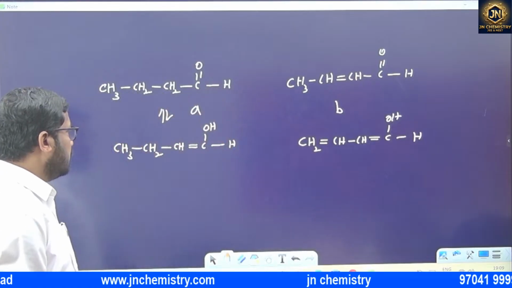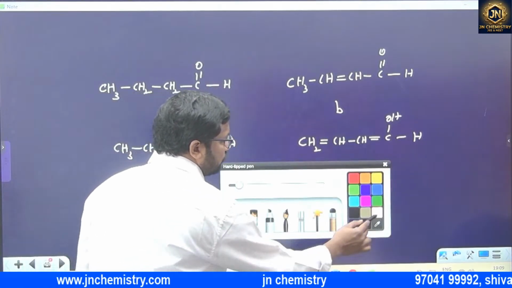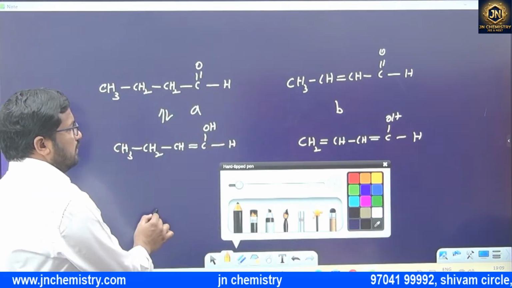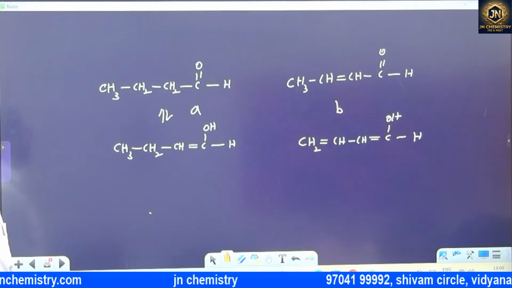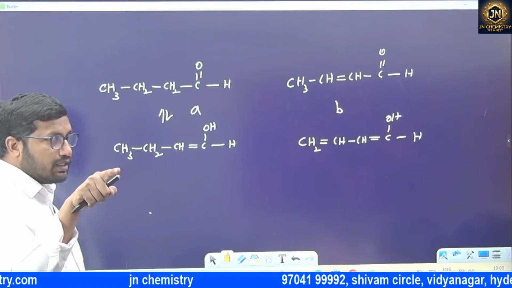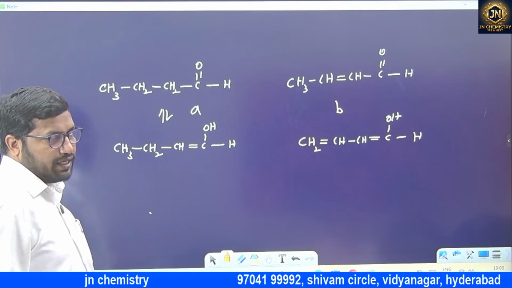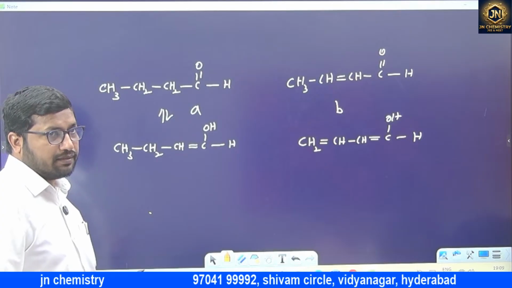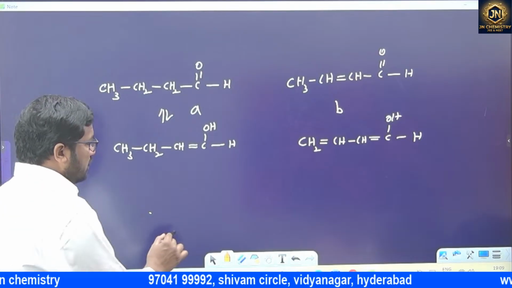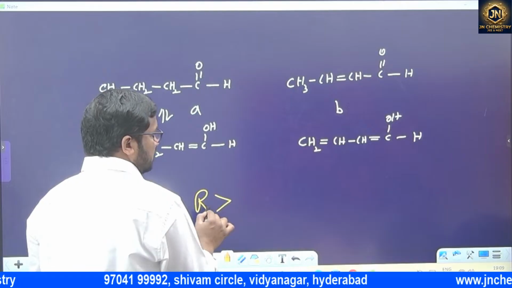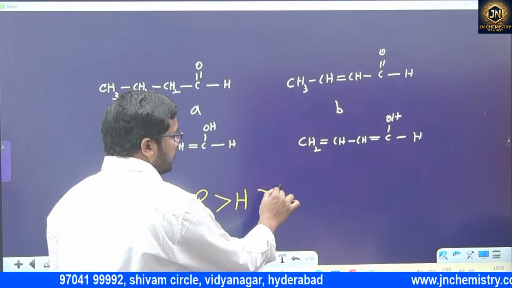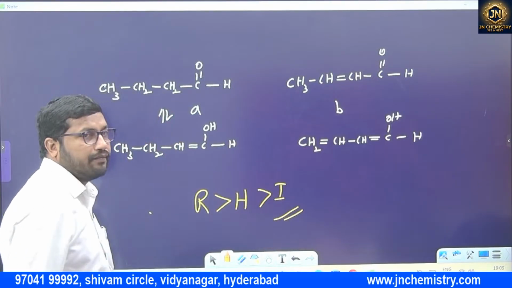Now, in these two cases, which is more stable? Here you are asking the question of alpha hydrogens or resonance. Always remember, resonance is more stable than hyperconjugation, which is more stable than the inductive effect.